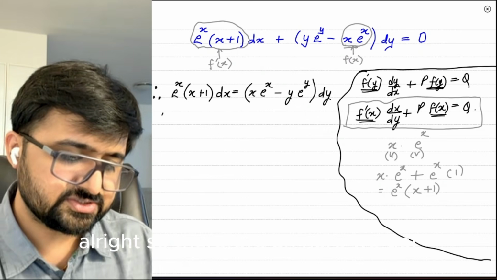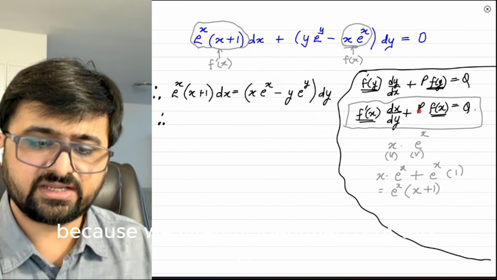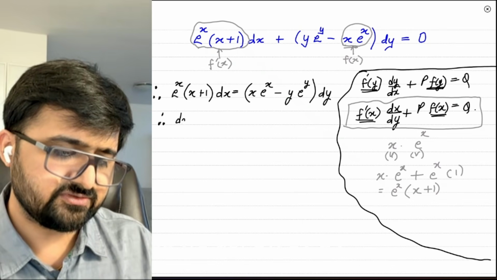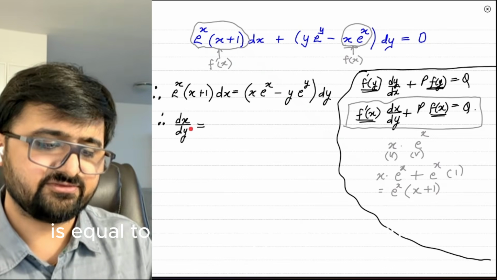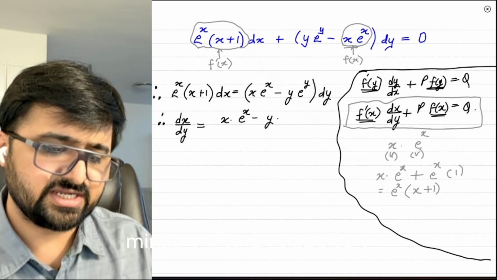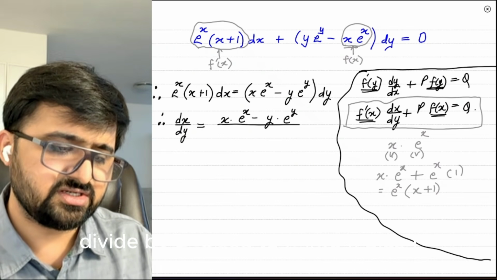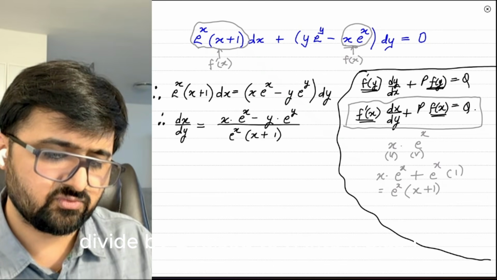All right. So here we need to find dx by dy because we already identified it is of this type. So we get dx by dy is equal to x into e raised to x minus y into e raised to y, divided by e raised to x into x plus 1.